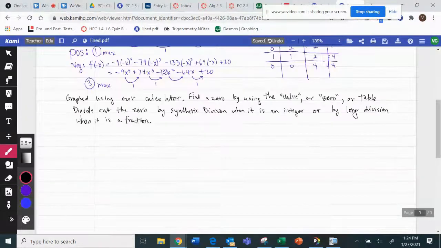We're using long division if it is a fraction. You see how I said nothing about decimals? Why? Say it again, Caitlin. Yeah, I don't want you to have any. So if your decimal you find is 0.5, turn it into a fraction, 1/2.